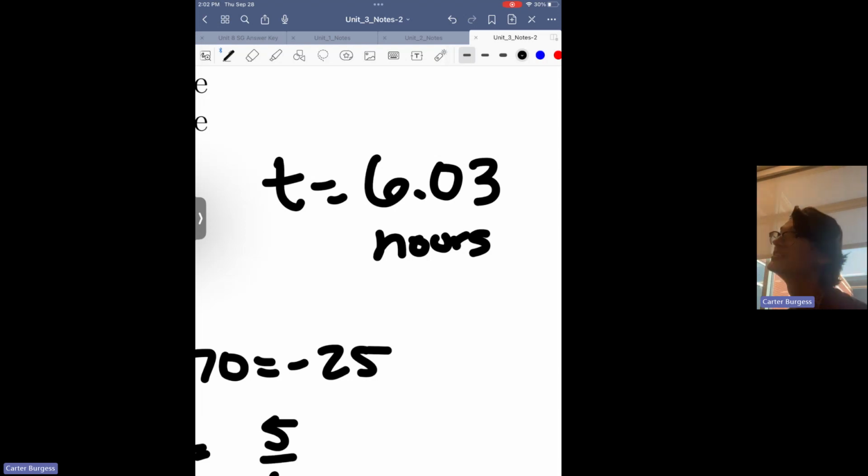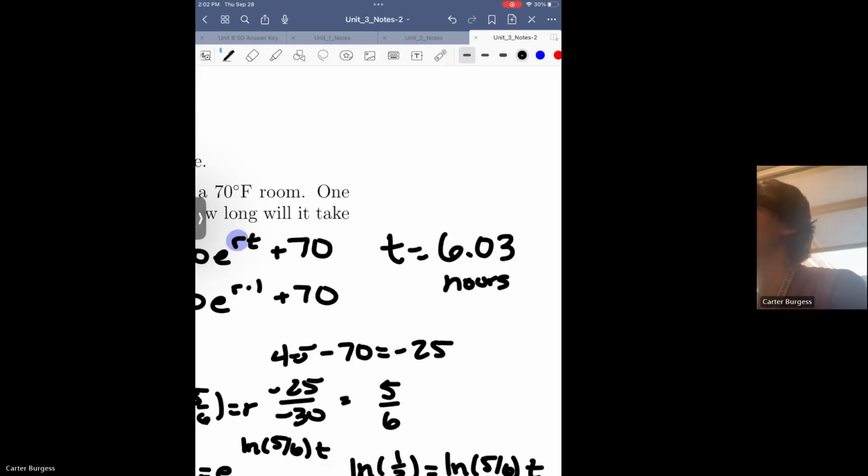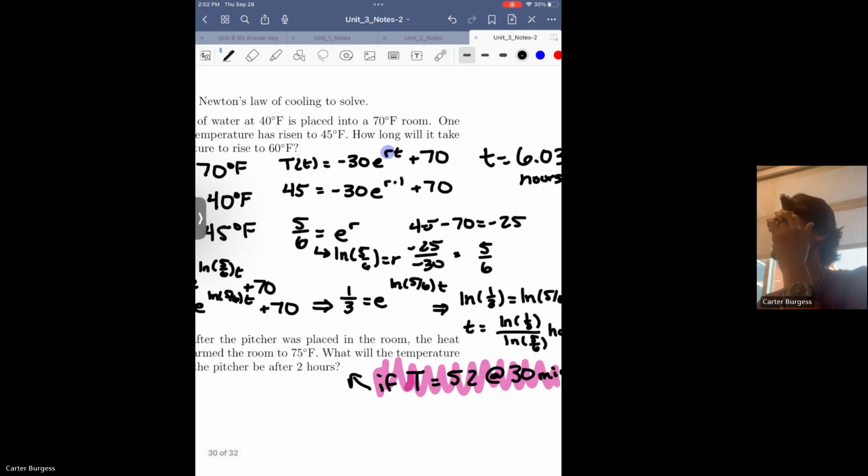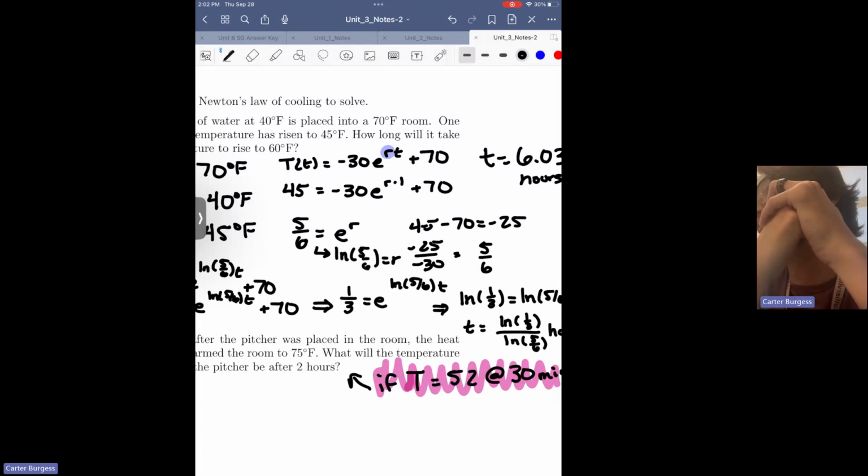So what would 6.03 hours later be in terms of number of hours, number of minutes? That could be fun. Or maybe the tail end of a test problem, worth a point or two.